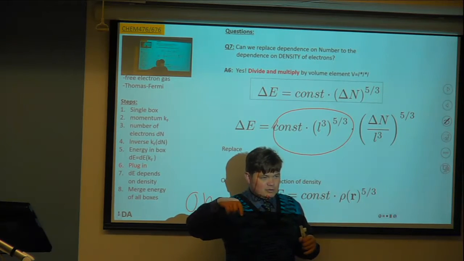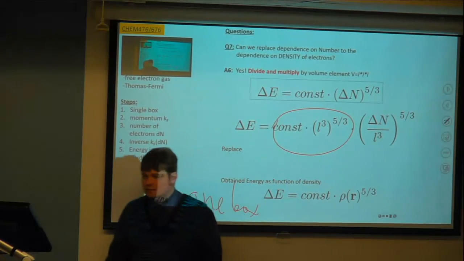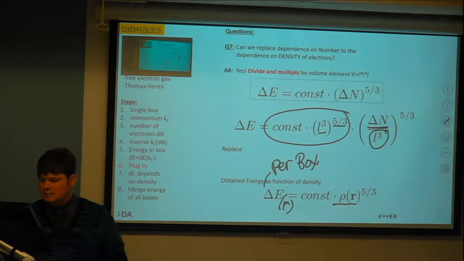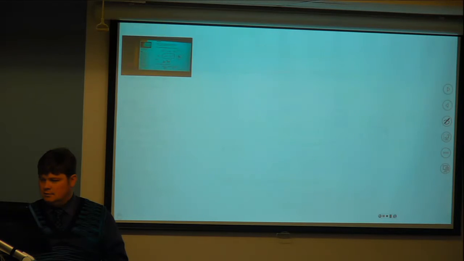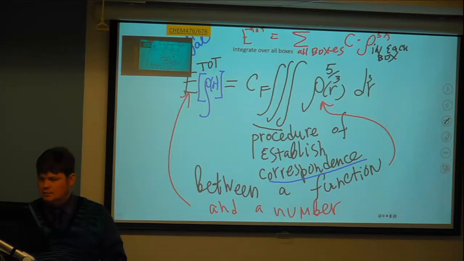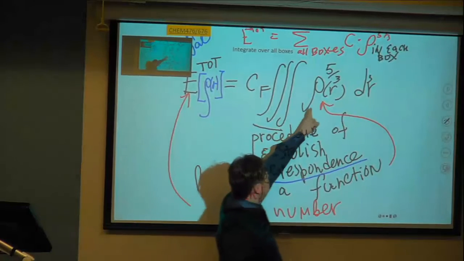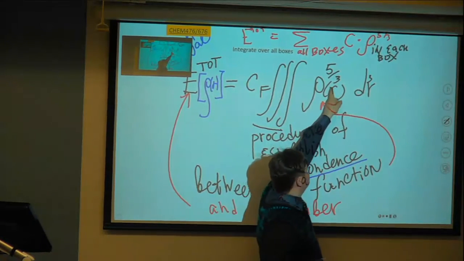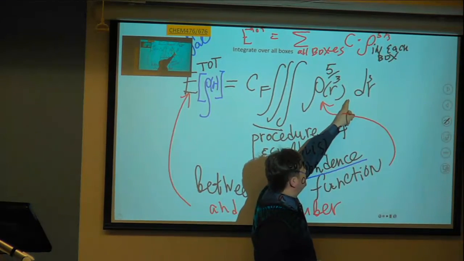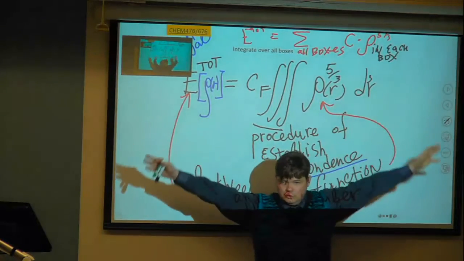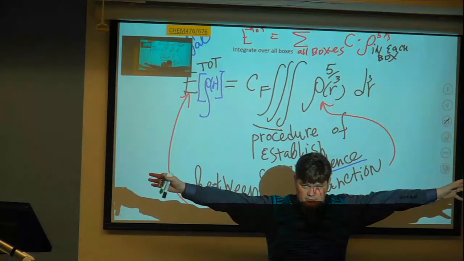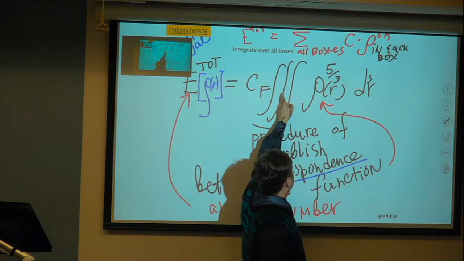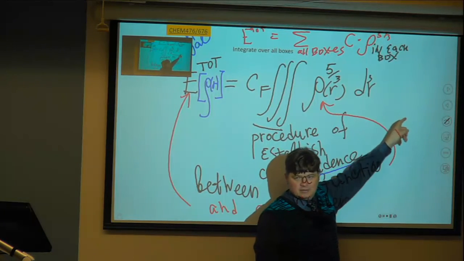If you go to the next box, it will be a different R. So we need just integrate over space. So we take density of electrons to the power 5/3 and integrate over all space, right? Over all possible positions. 3 integrals. 1, 2, 3. X, Y, Z. Or R.